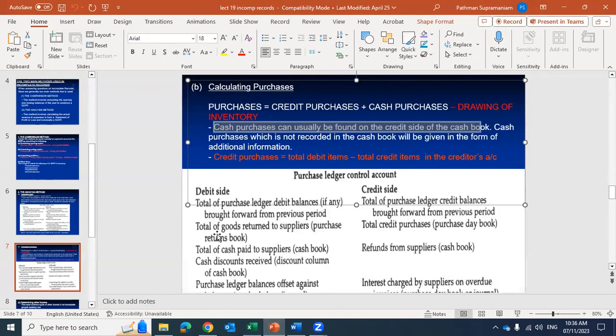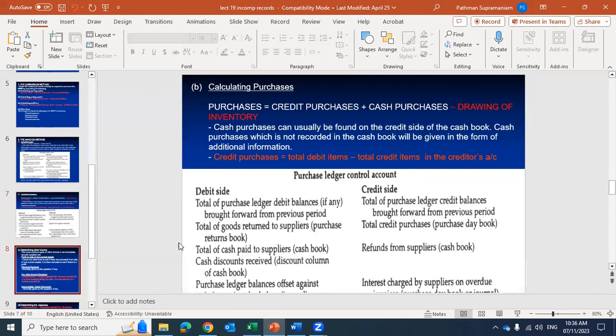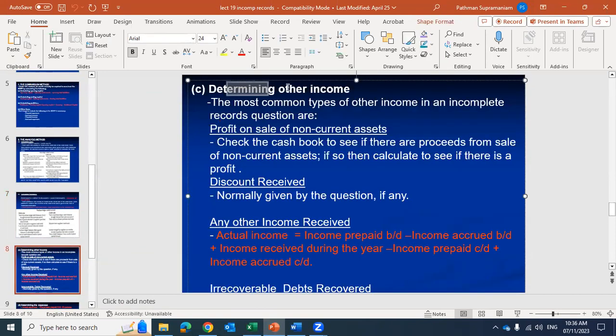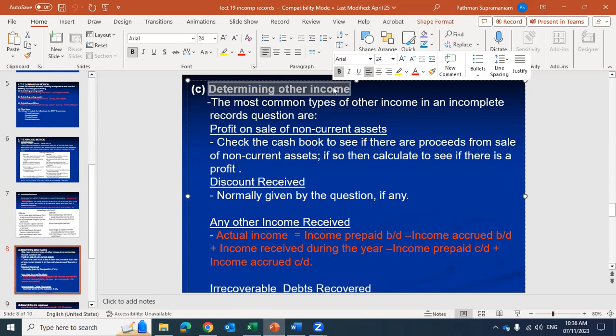Okay, so this is mentioned here. Examples of other income that you should be familiar with by now are discount received, rental received, commission received, and so on. Now, since these are income, remember income can be cash related and non-cash related.